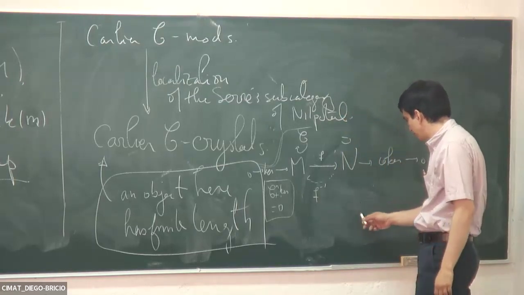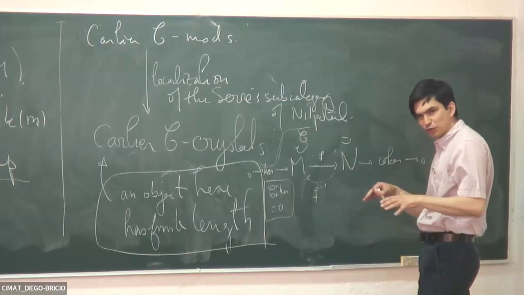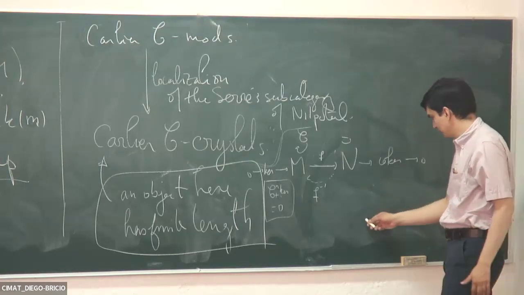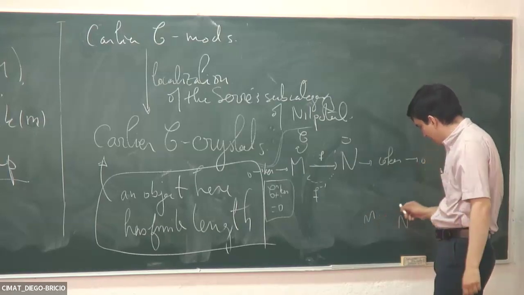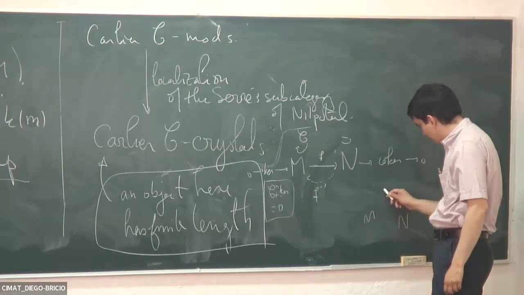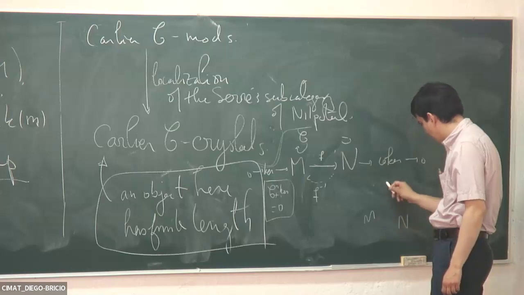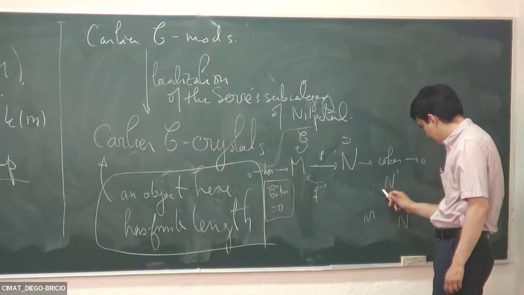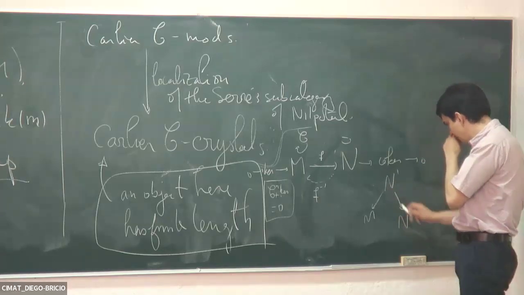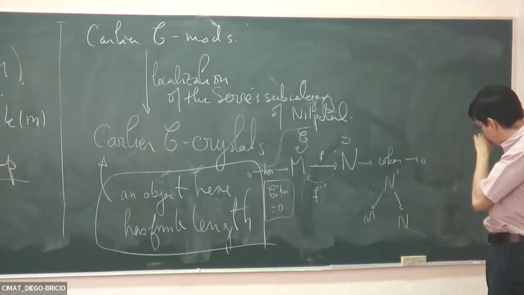So formally speaking, now the arrows are going to look like roofs. Maybe that's what you have seen. So now a map is going to be a roof. You have to add an M prime, and a map is going to look like a roof.